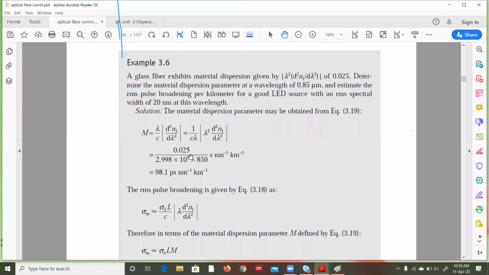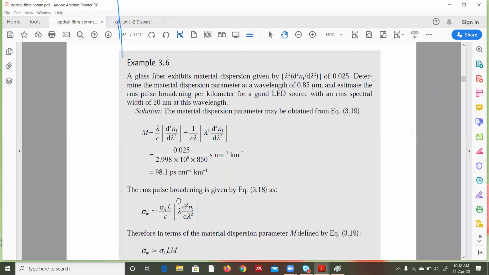So 0.025 divided by 3 into 10 power 5 into 850 seconds per nanometer per kilometer. Once you do the calculation, it turns out to be 98.1 picoseconds per nanometer per kilometer. So this is the M value, that is material dispersion value in standard unit.